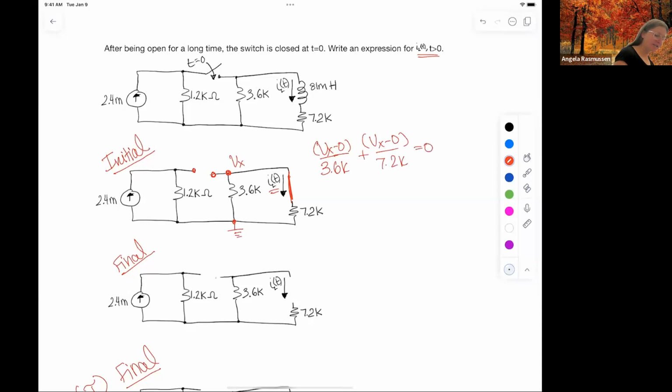I solve this and I see Vx is 0, so IL has to be 0. If I see it, I can just say there's no sources there, so there's no way it can have any current there. But if you don't see it, mathematically, you can solve it still and find that Vx is 0, so IL would be 0. So this is my initial value.